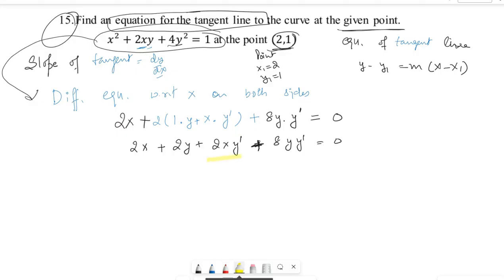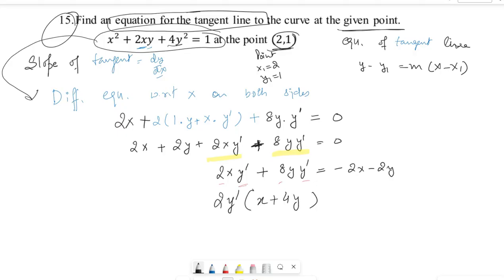Highlight the terms which have y prime in them, keep them here, and take everything else on the other side: minus 2x minus 2y. I think if you guys notice that y prime is there, and actually 2 is a factor of both terms, so I can factor out 2y prime. What will be left inside? x plus 4y.